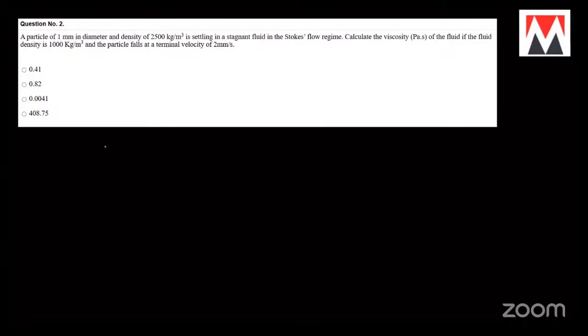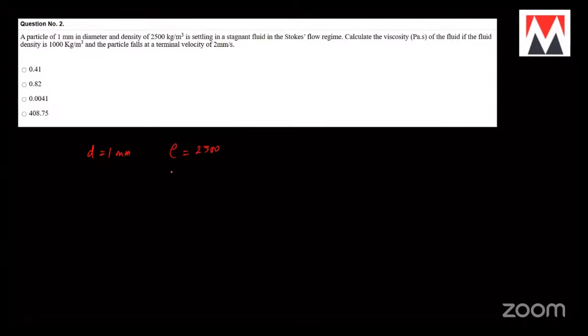Okay, let us solve this. It's given as a particle of 1 mm diameter. So D is 1 mm. You have density of the particle as 2500 kg per meter cube. It is settling in a stagnant fluid under Stokes regime. Calculate the viscosity of the fluid.